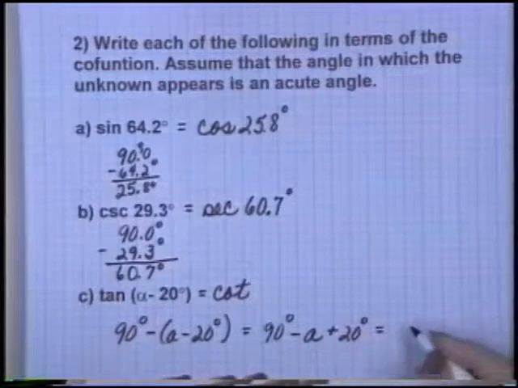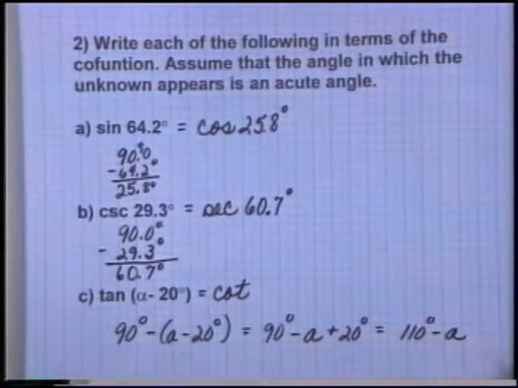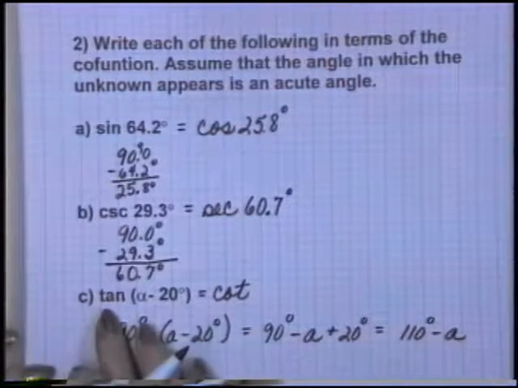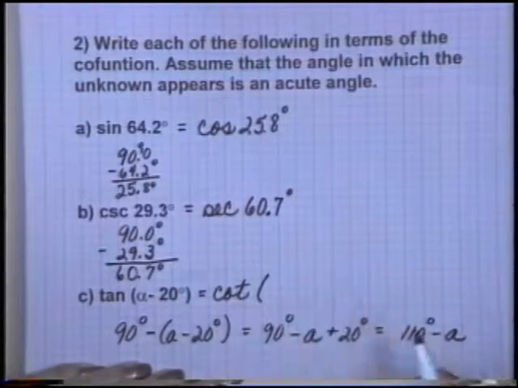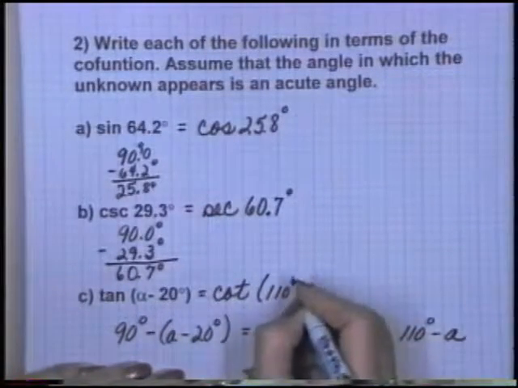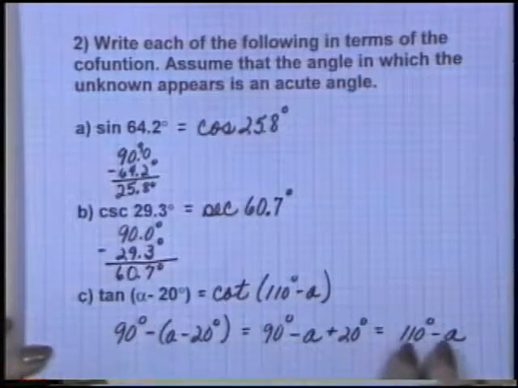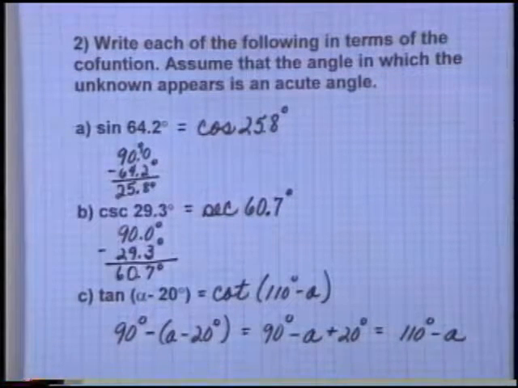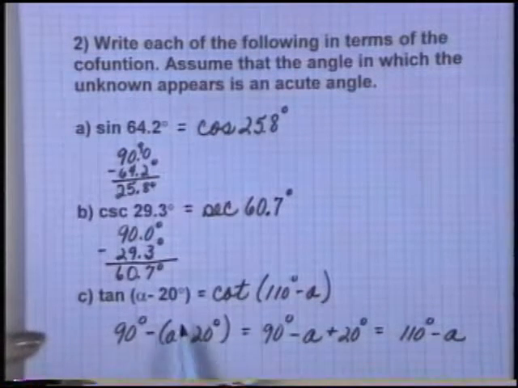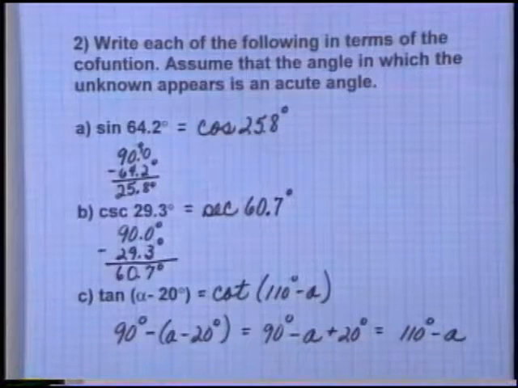So what we have here is 90 degrees plus 20 degrees, which is 110 degrees minus alpha. So the tangent of alpha minus 20 degrees would equal the cotangent of 110 degrees minus alpha. This would be the complement of this. Anytime you are finding a complement of an angle, you just take that angle and subtract it from 90.